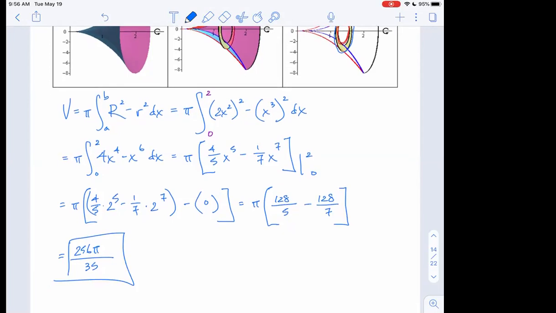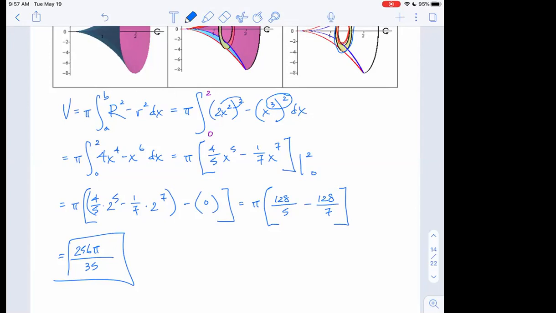So just a couple of things I want to highlight here. When we square our terms, we need to make sure we square everything inside the terms, right? So we have to square the 2 and we have to multiply that power by 2. That's how we get 4x to the 4th. Similarly, this x cubed squared will give us x to the 6th power, not x to the 5th power.